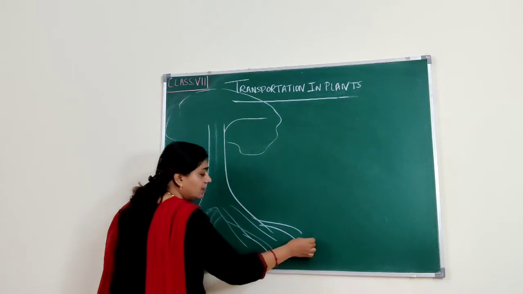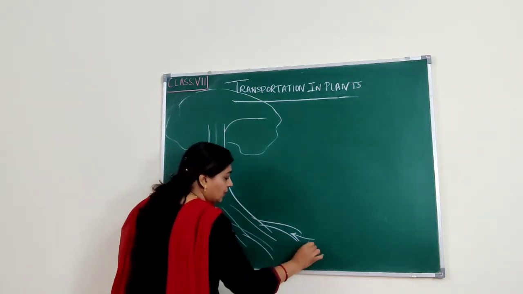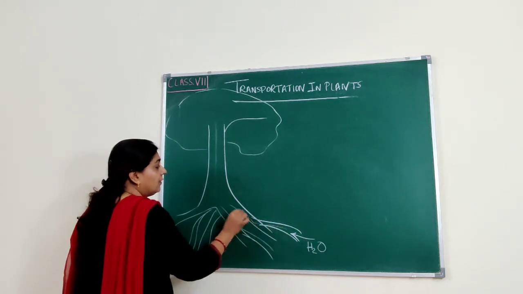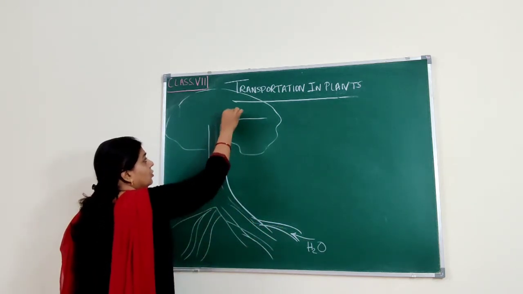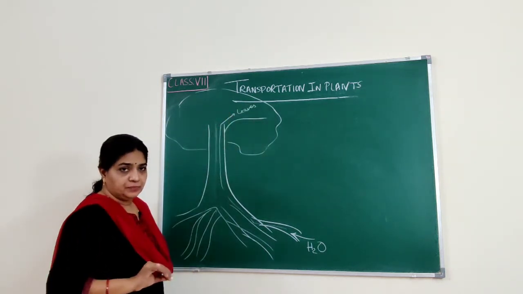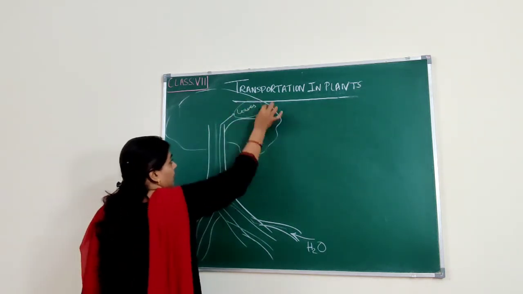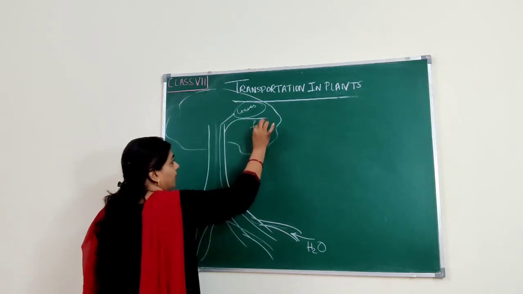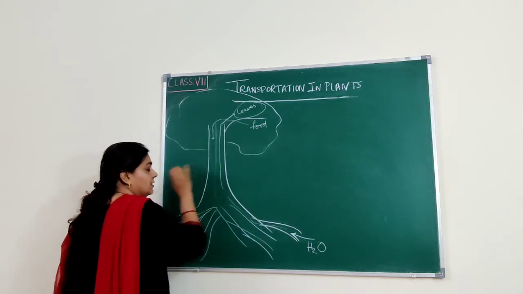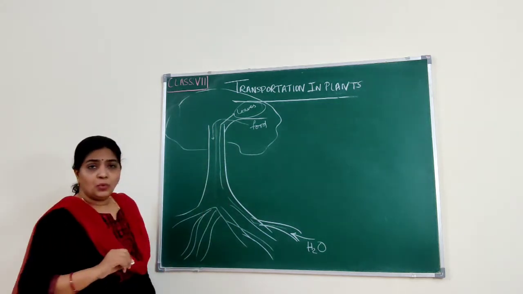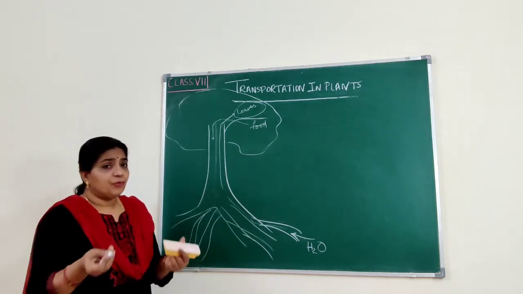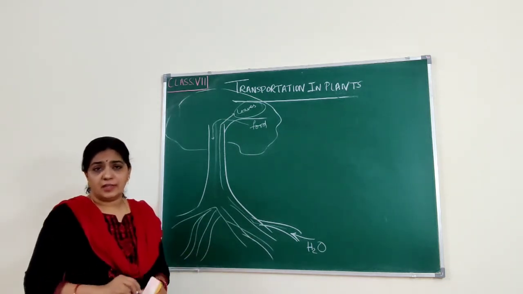And from the soil, the water should enter through the root, then to the stem, then it should reach the leaves. Okay, and it will prepare the food. Then, in the leaf, food will be prepared. And this food should be sent to all the parts. That is the stem, the roots and also storage structures, flowers, bud and fruits. For all those things, you should send the food.